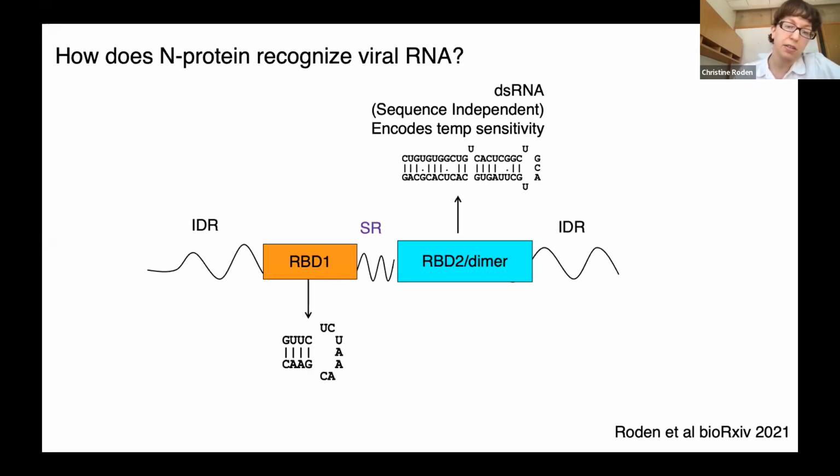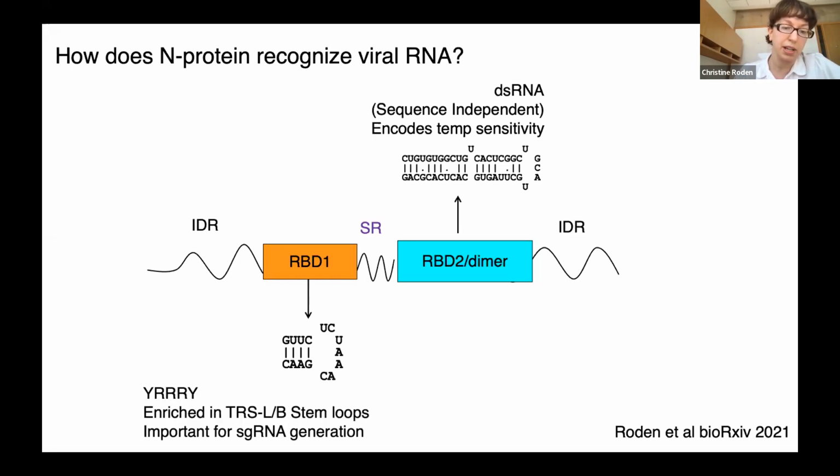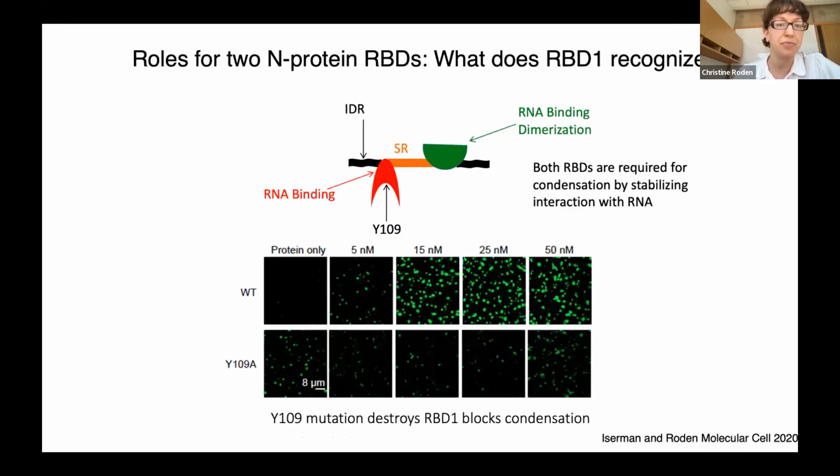And the second is going through the first RNA binding domain in the N-terminal domain, which actually prefers this primary sequence motif, which is enriched in TRS-L B stem loops and important for sgRNA generation. And if you are interested in reading more about this, I highly recommend you go check out my bioRxiv paper after this session. So how did we figure this out?